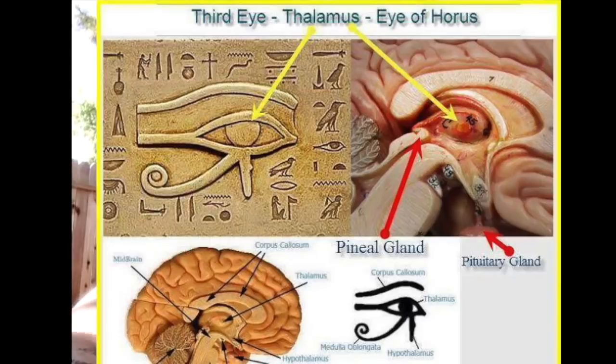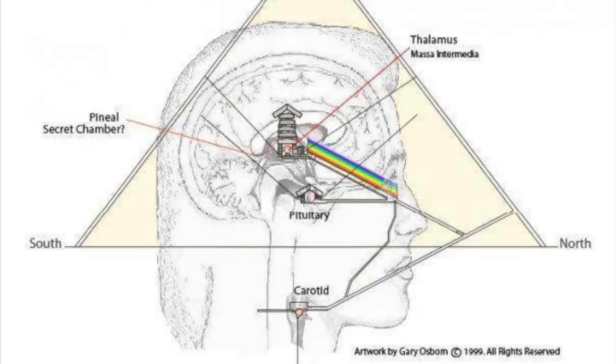If we place the image of the Great Pyramid directly over the human skull and line it up geometrically, this vaulted chamber, the fornix, directly corresponds to what's called the King's and Queen's chamber within the Great Pyramid of Giza, Egypt.